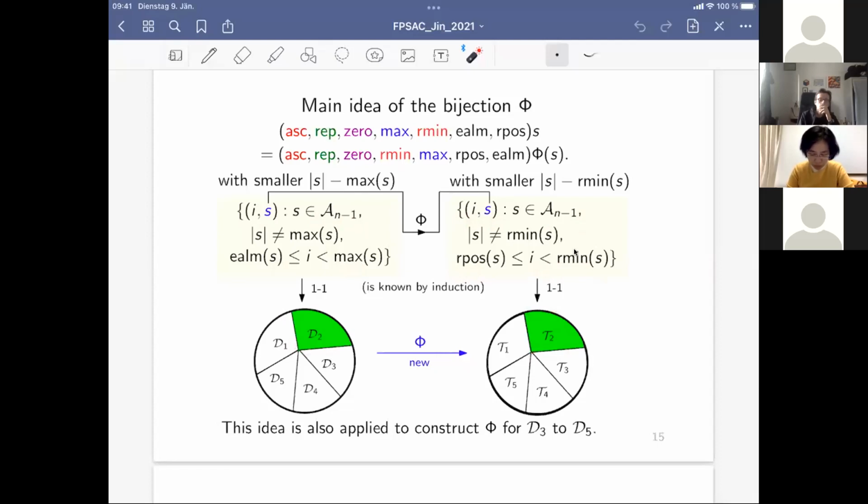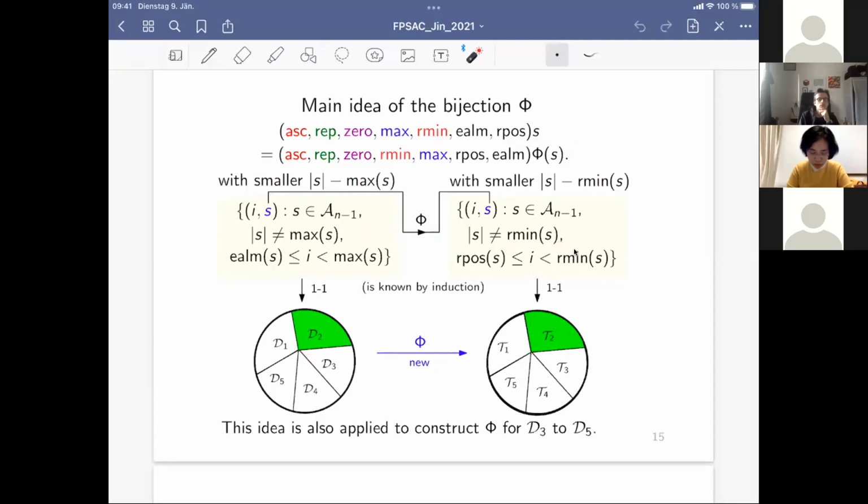Since by the induction hypothesis, we always assume that for the sets of ascent sequences with more maximal entries and with more R-min entries, the bijection is already known. So this bijection is already known. Also, this bijection respects this bisymmetric equidistribution condition, meaning that here the max S corresponding to the R-min here, they are equal.